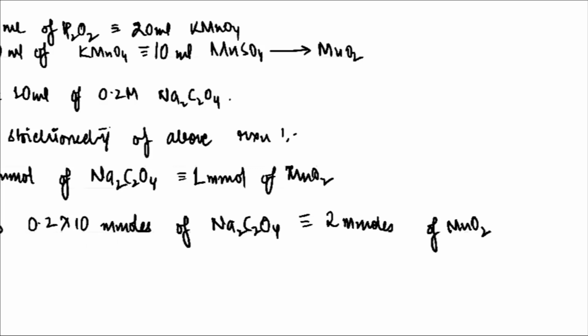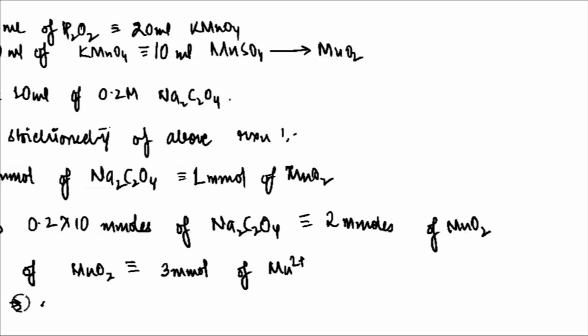Now also, 5 millimoles of MnO2 is congruent to 3 millimoles of Mn2+.